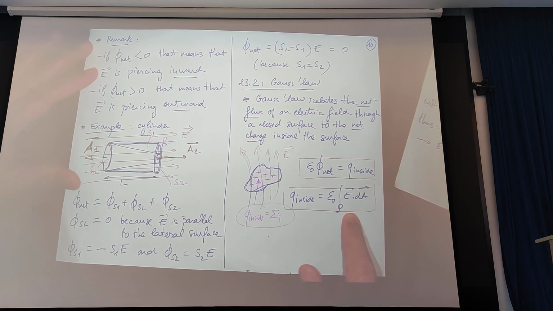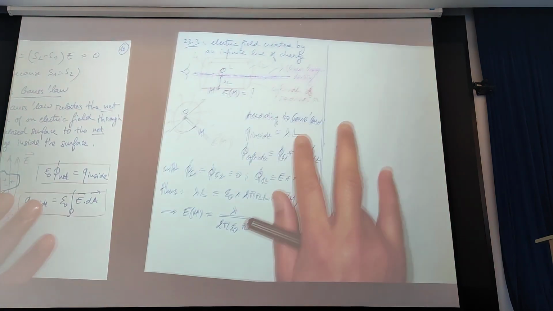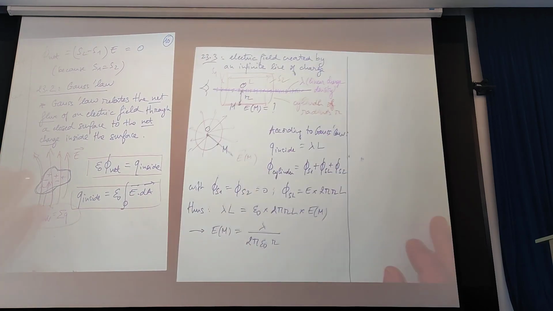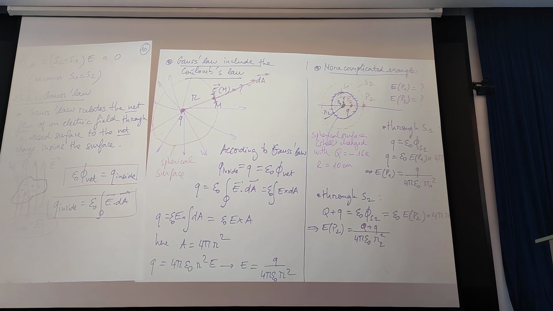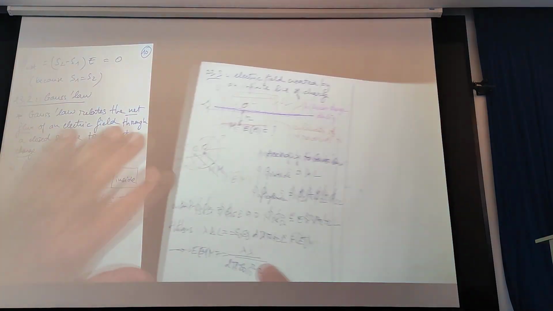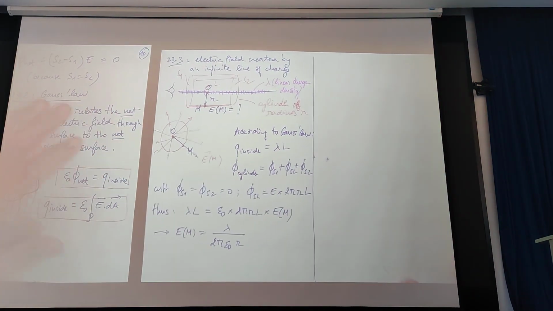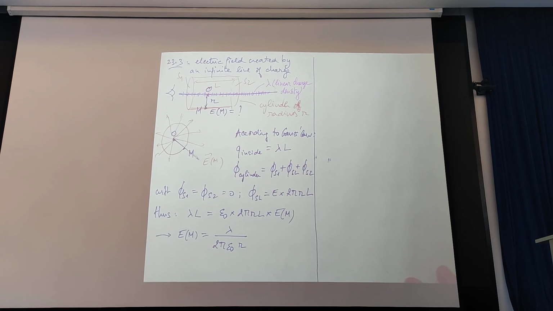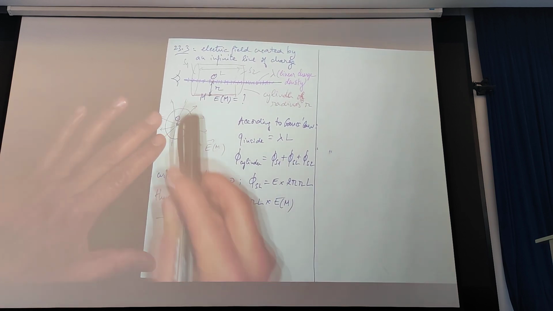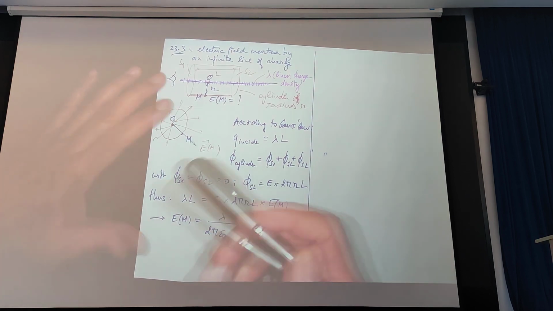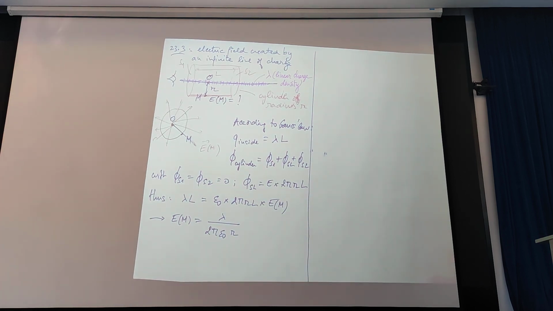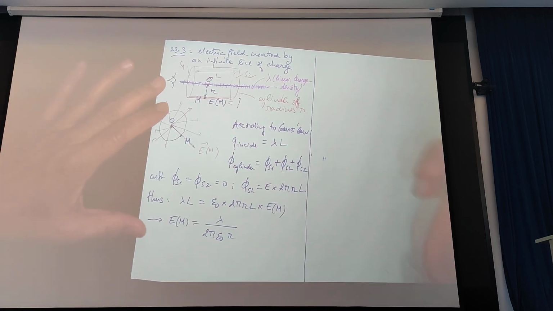This is the Gauss law, and we have started to apply it for different systems, for different geometries, and yesterday we ended with the case of an infinite line of charge. You remember yesterday? Today we are going to do the same thing, just to be sure that you have understood.